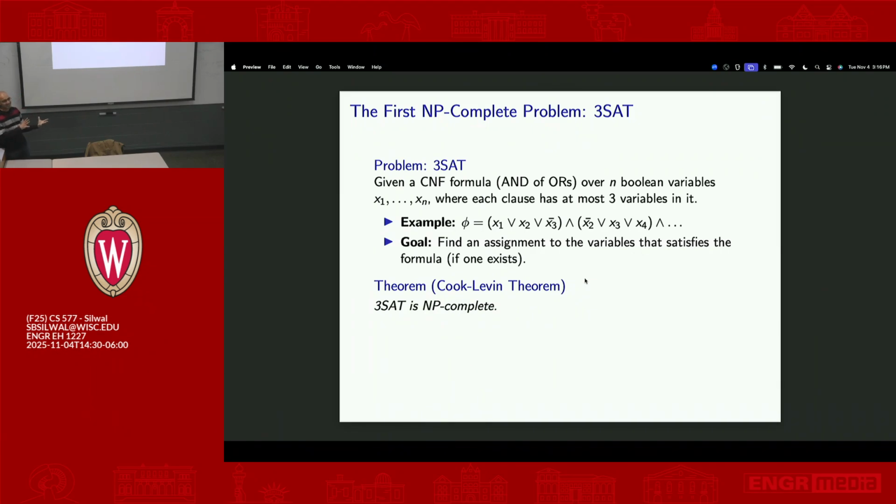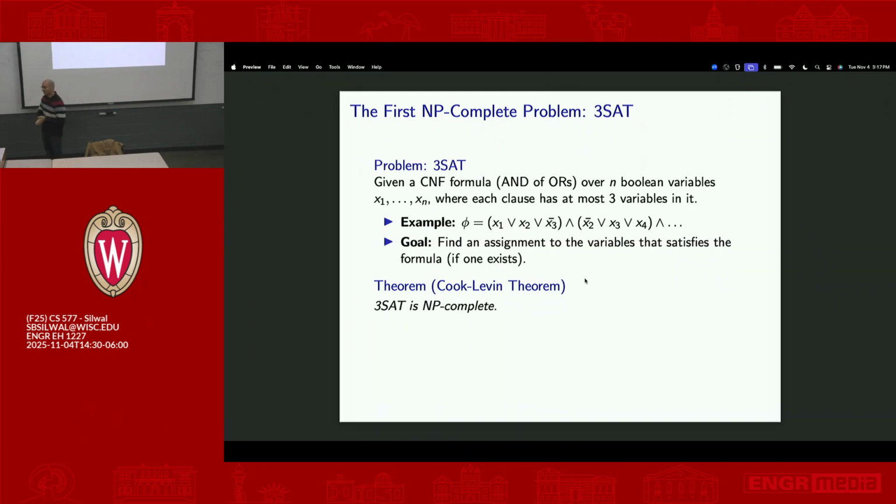But in the 70s, these two people, Cook and Levin, both of them are still alive, which is pretty cool. It seems like a very fundamental thing, but it's not so long ago. They may not be alive for much longer, they're pretty old, but essentially the thing they showed is that 3-SAT is NP complete.